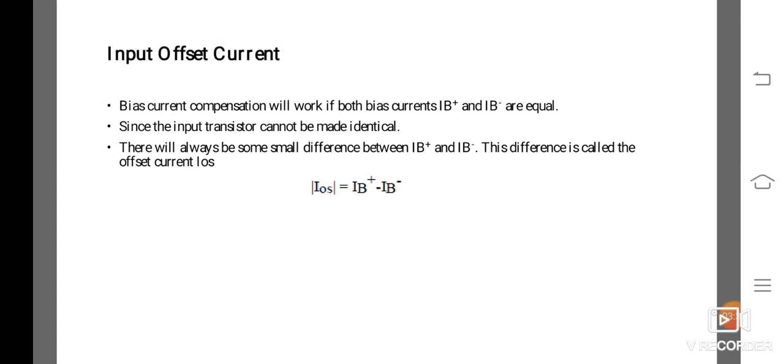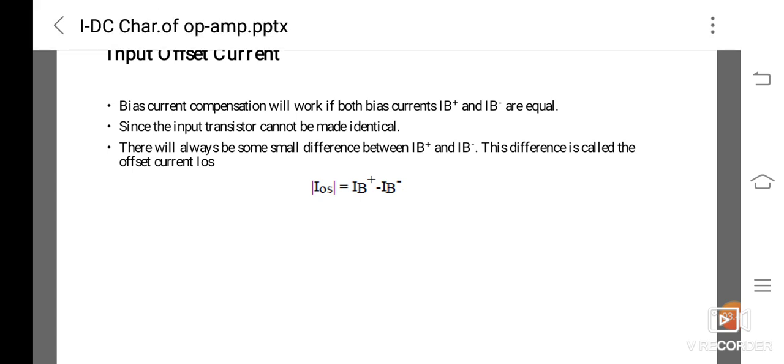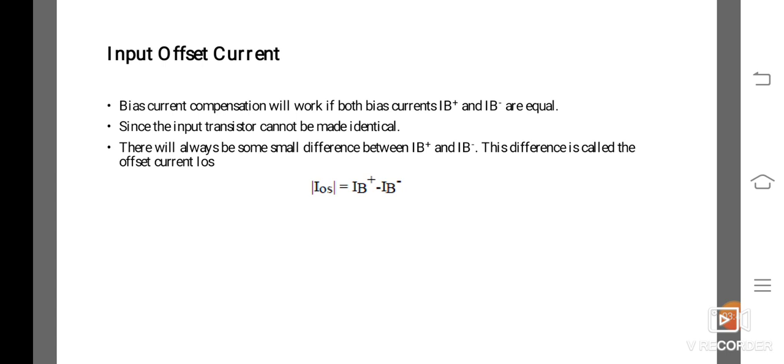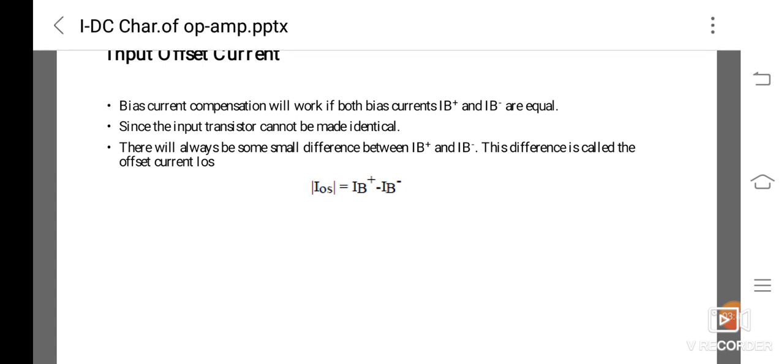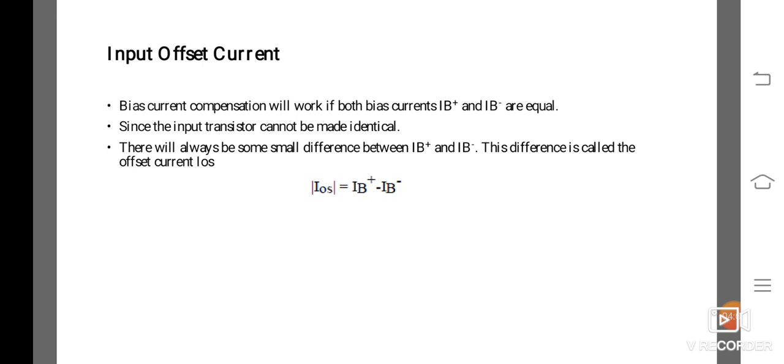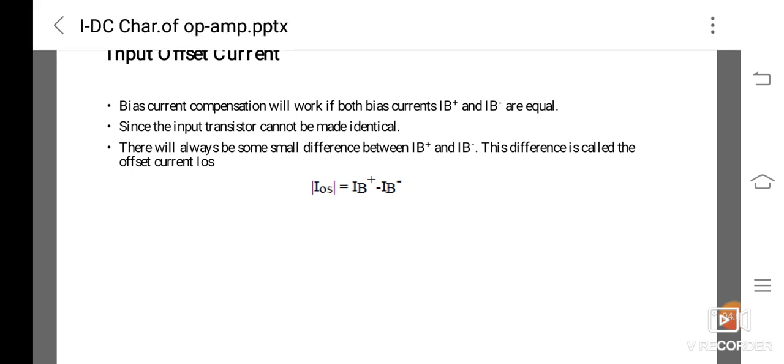Since the input transistors cannot be made identical due to manufacturing faults, there will always be some small difference between IB plus and IB minus, and this difference is said to be the input offset current.